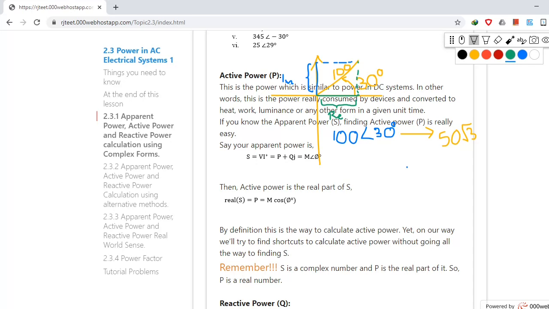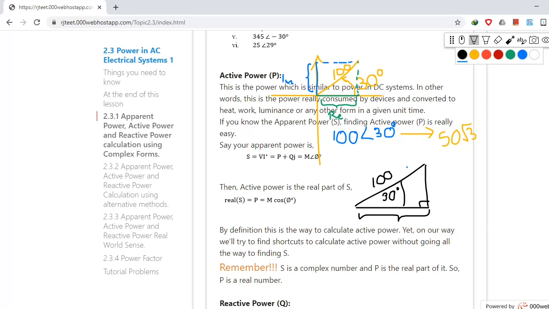So now what you have is simply a right-angled triangle, and you know this length, you know this angle here. What you want to know is this length.